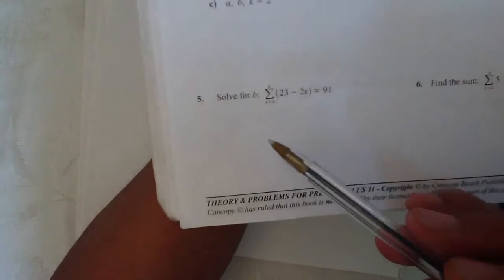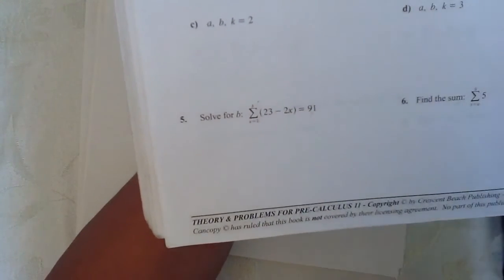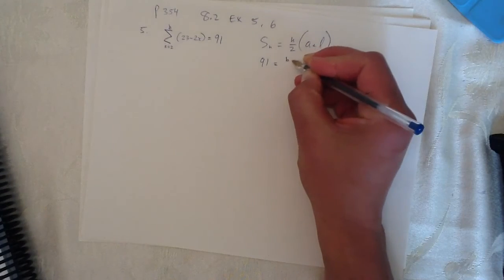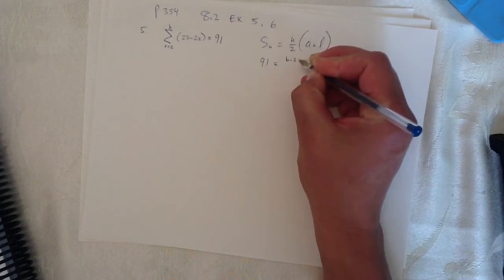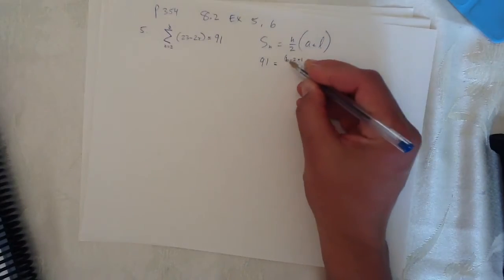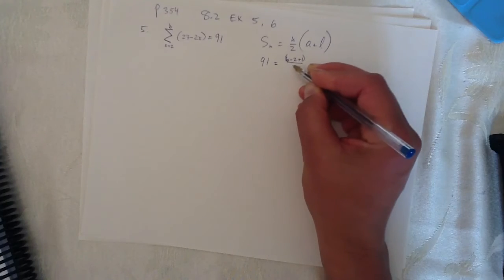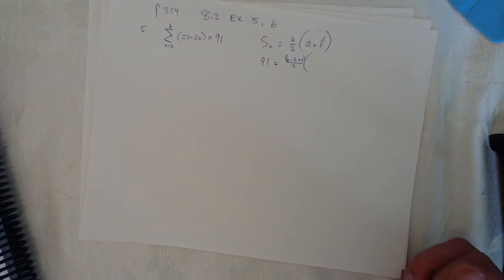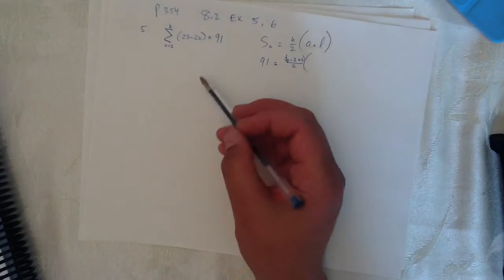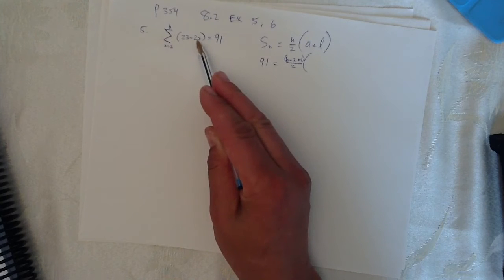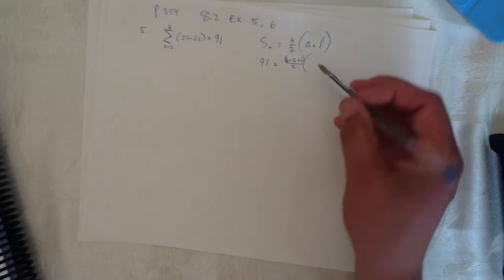So if we go back here, the top one minus the bottom one plus 1 will tell us the number of terms, which is n. So the top one, b, minus the bottom one plus 1. That's what n is. So we're going to put that ugly thing in here for now. That's all over 2, multiplied by a plus L. A, we knew that if we plug 2 in here, 2x becomes 4, taken away from 23 is 19.